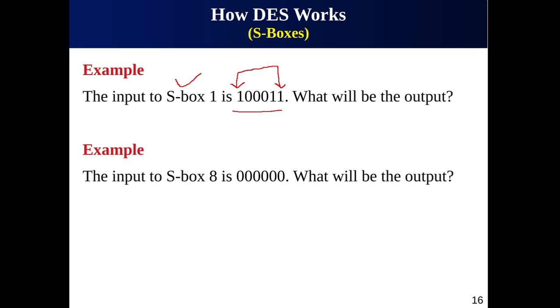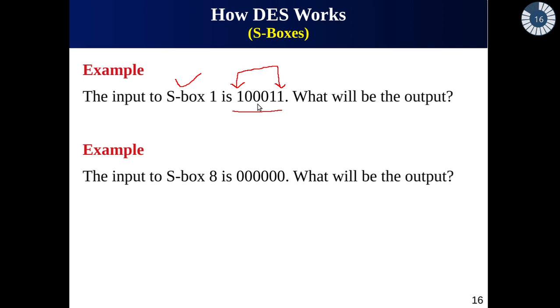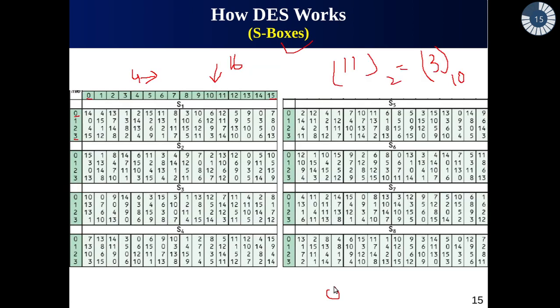They are 1 1, and 1 1 in binary is equal to 3 in decimal. The remaining 4 bits, 0 0 0 1, in binary are equal to 1 in decimal.